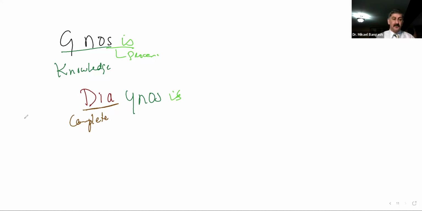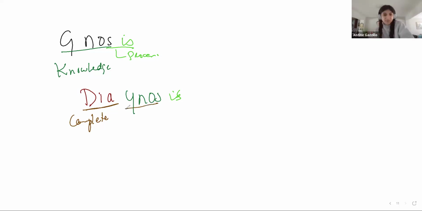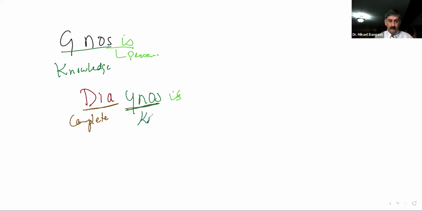The word gnos by itself would mean knowledge. If you have knowledge, it's to know, right? And sis mainly is the procedure, a process of.